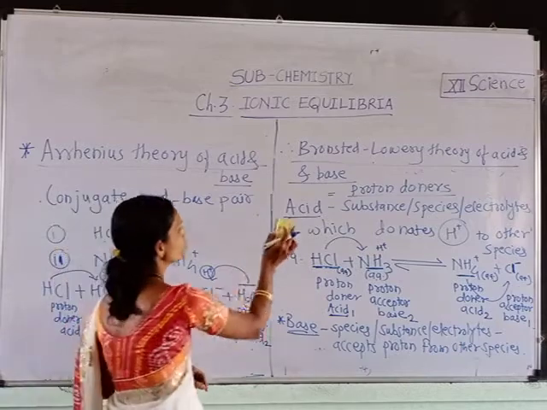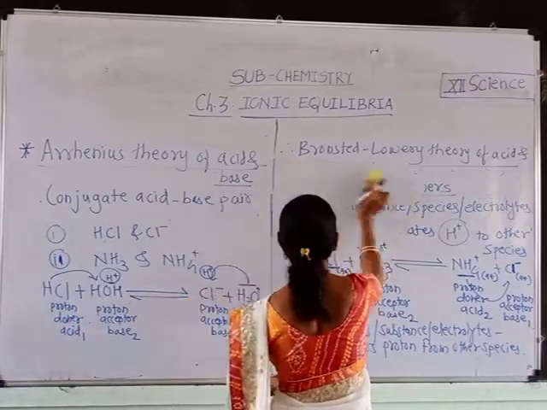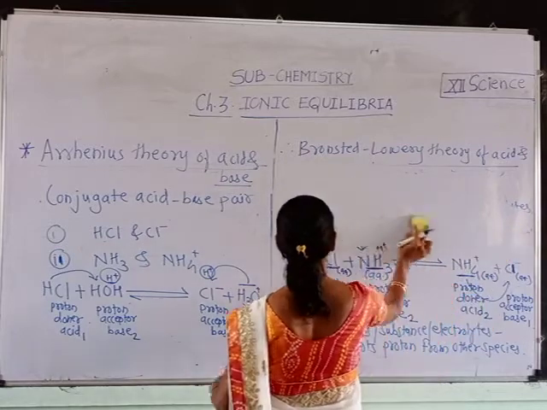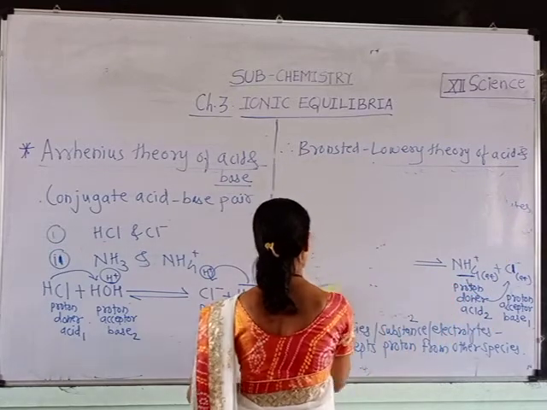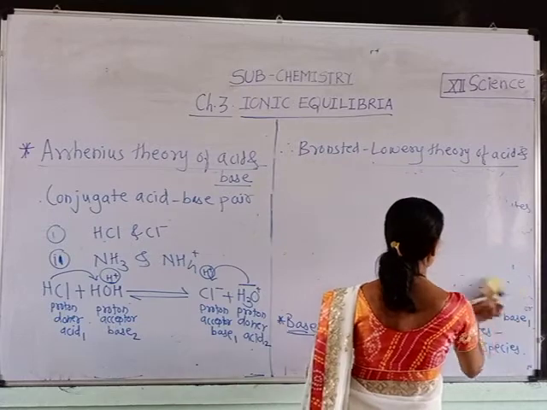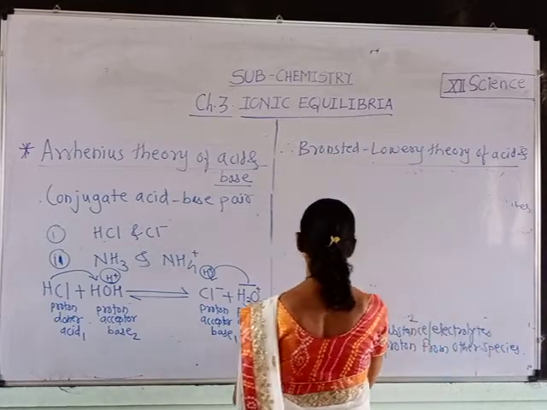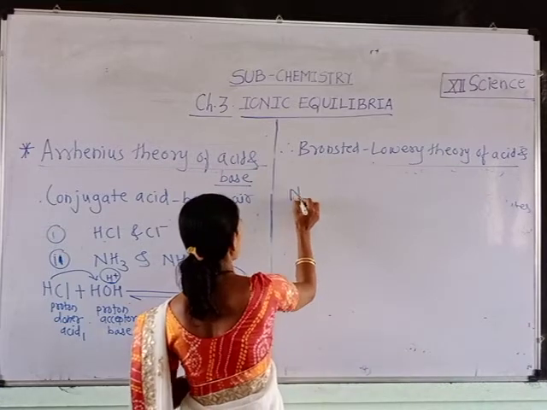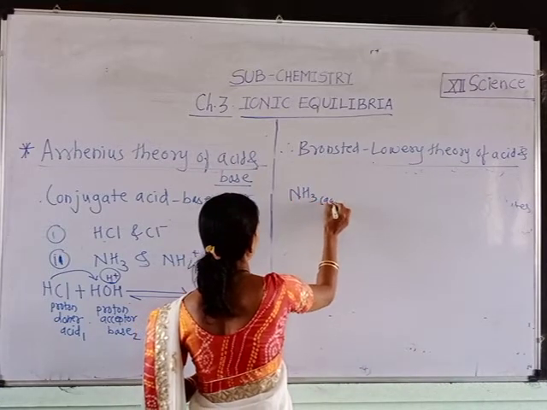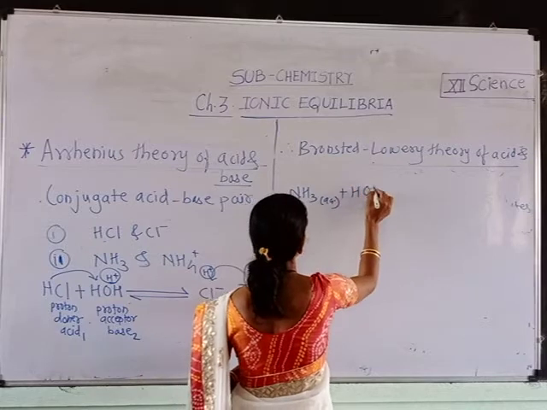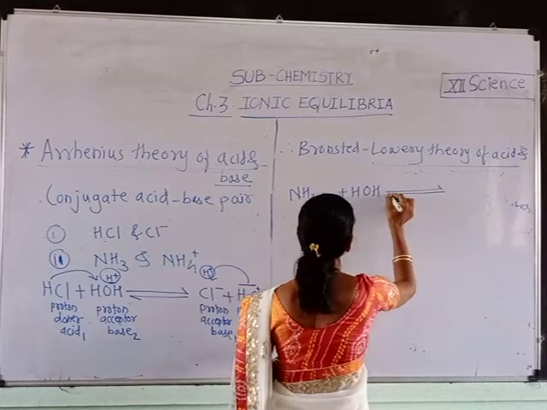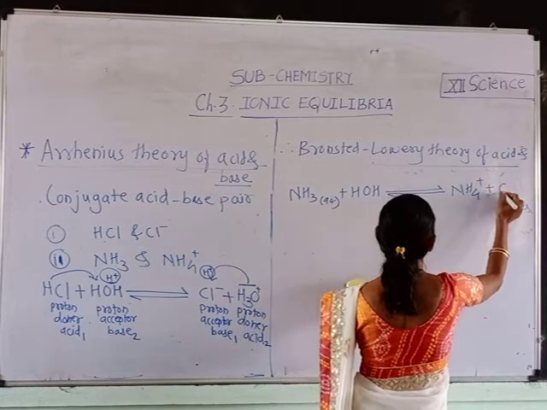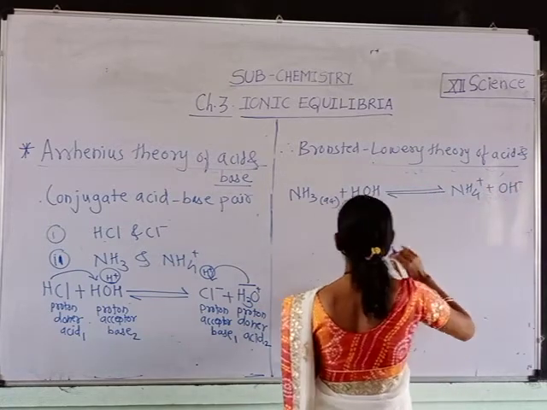Then one more example according to Lowry-Bronsted theory, that is ammonia, NH3, when dissolved in water, gives NH4 plus and OH minus ion.